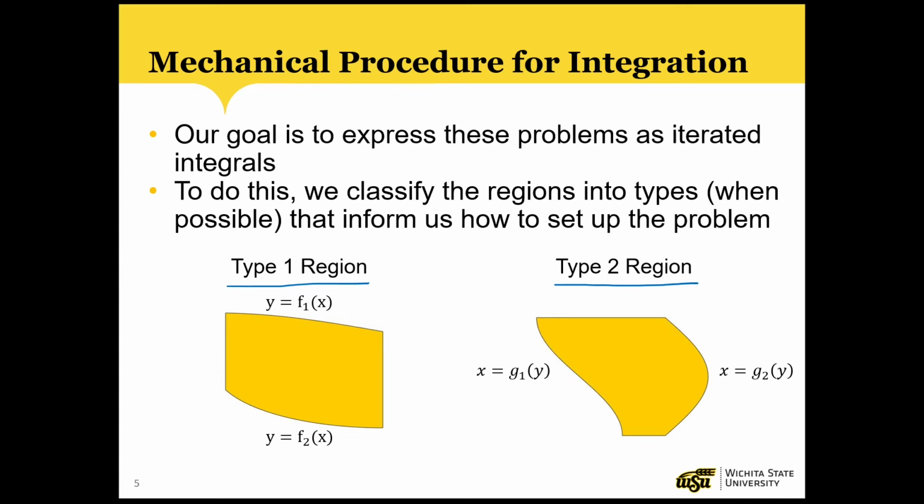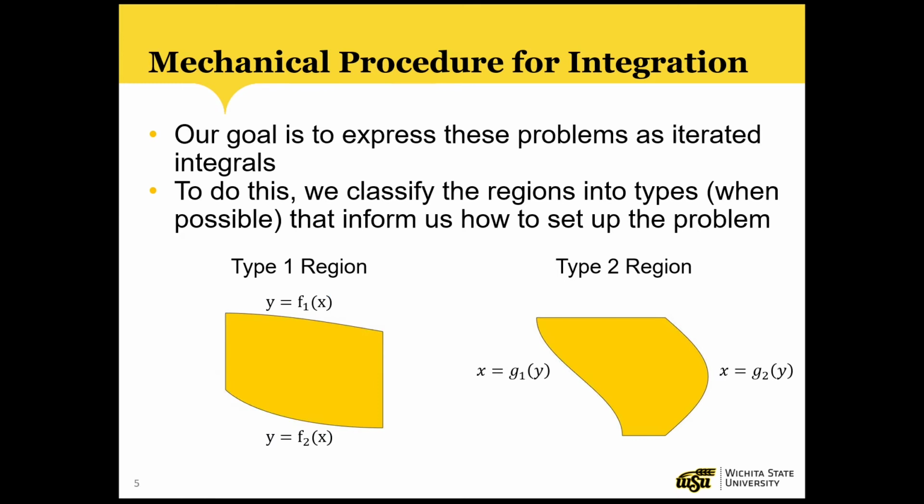In the example on the left, we see that the top and bottom parts of this region can be described in terms of continuous functions of x. And the left and right sides are just vertical lines.